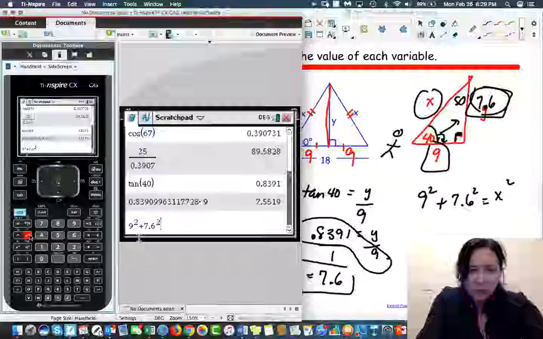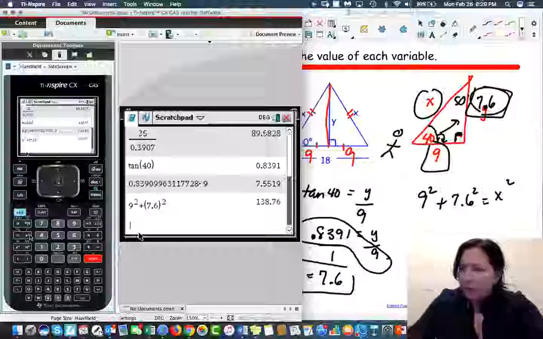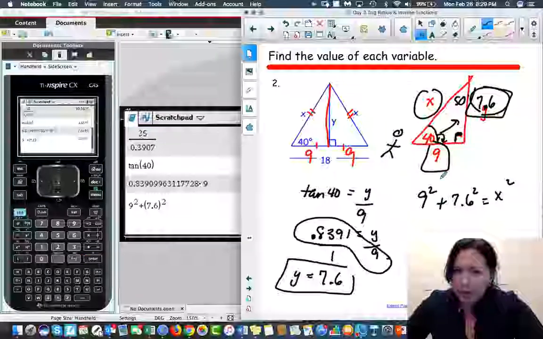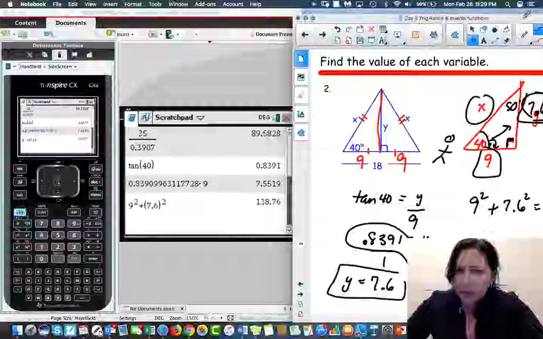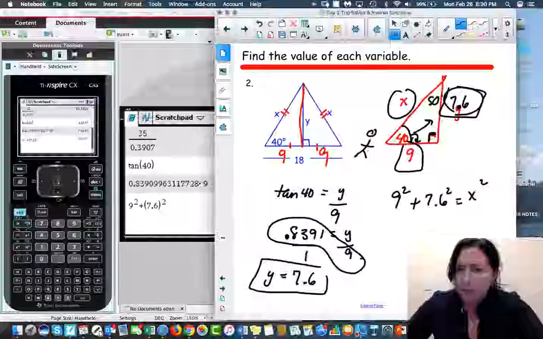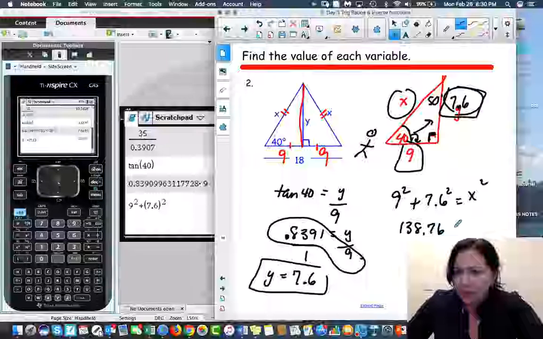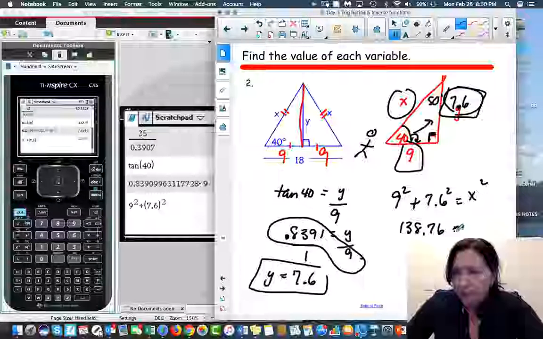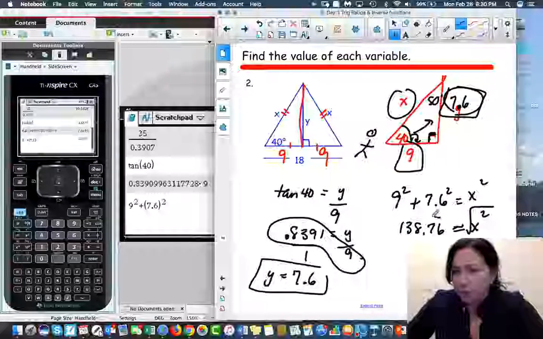And that equals 138.76. So 138.76 is equal to x squared.